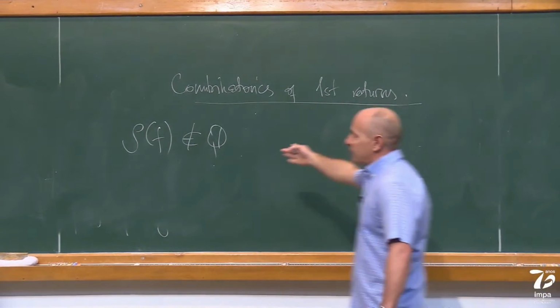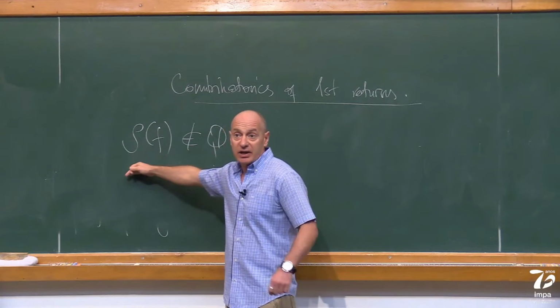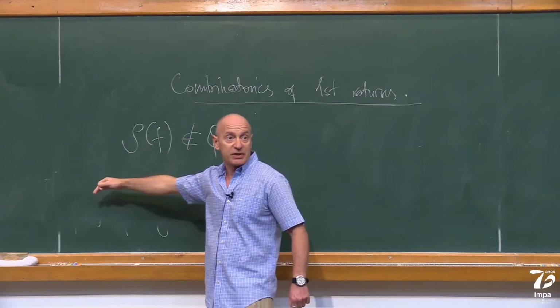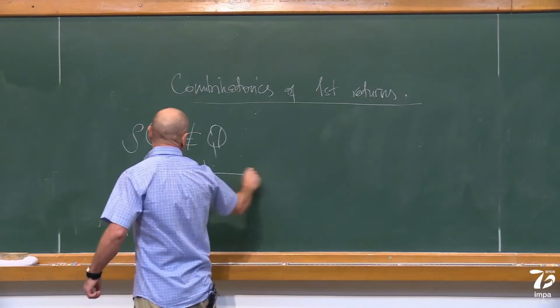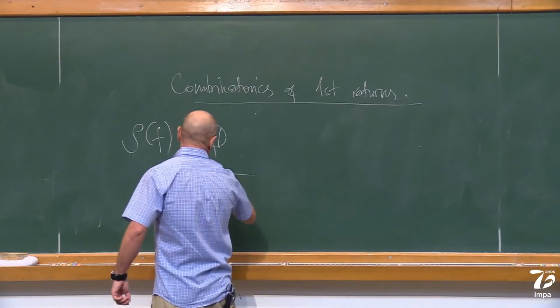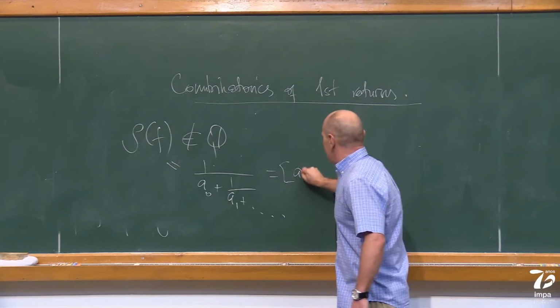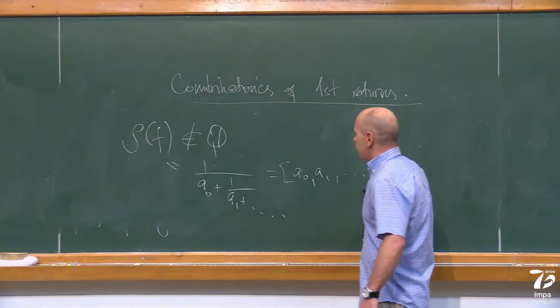Well, I'm going to take a representative of this in [0, 1], and this will expand into an infinite continued fraction with positive terms, which I'll usually abbreviate like this to save space.